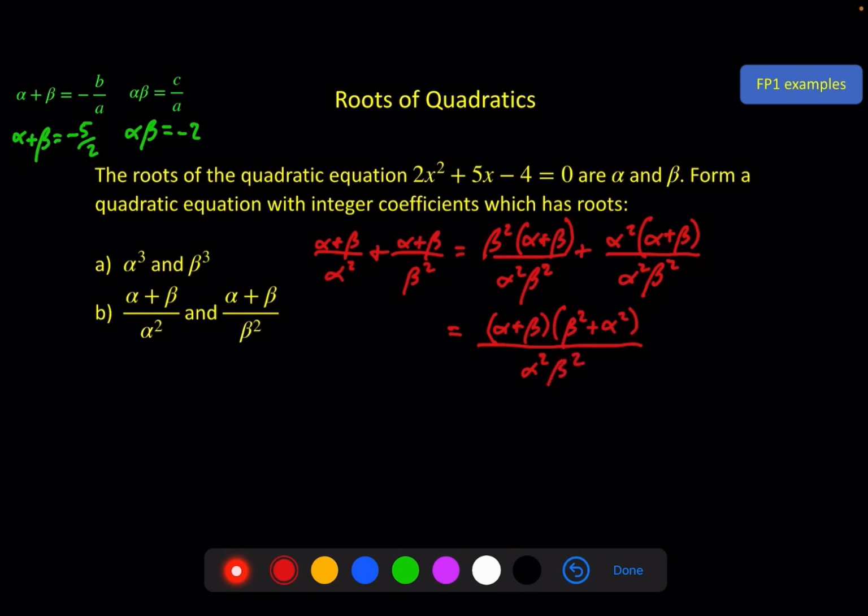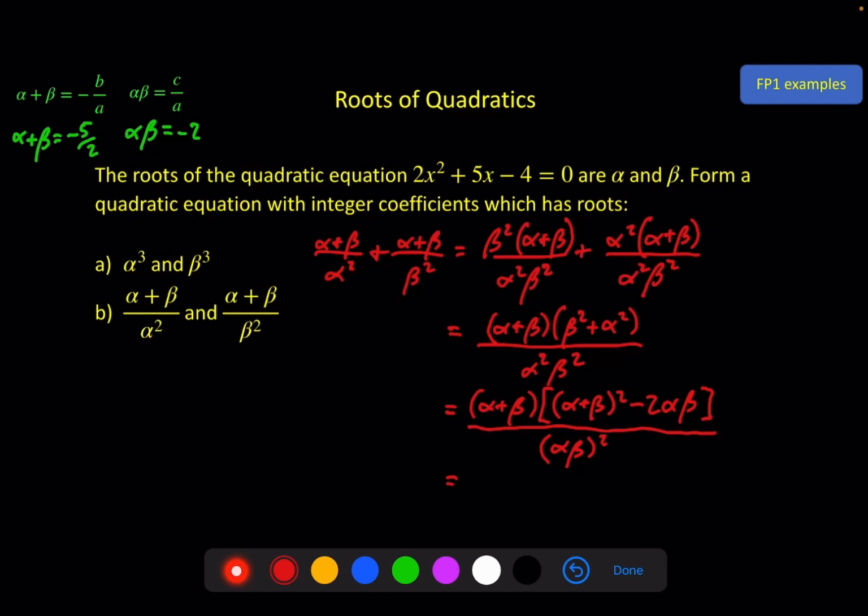Now the beta squared plus alpha squared, again we've seen this before a couple of times now, that can be rewritten as alpha plus beta all squared minus 2 alpha beta, and you can see it does get a bit messy when you're trying to do this, but if you persevere, so long as you can get the alpha beta and the alpha plus beta as your things, then no matter how messy it gets, you can just put in the numbers when you're ready.